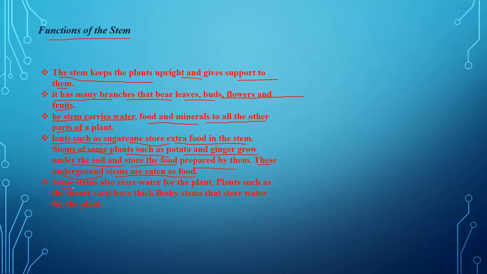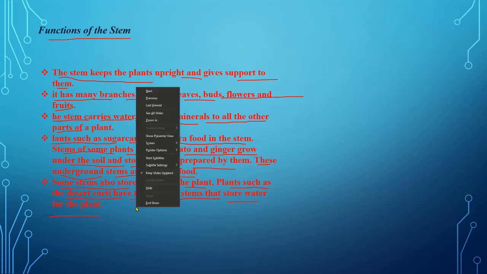Some stems also store water for the plant. Plants such as desert cacti have thick, fleshy stems that store water for the plant.